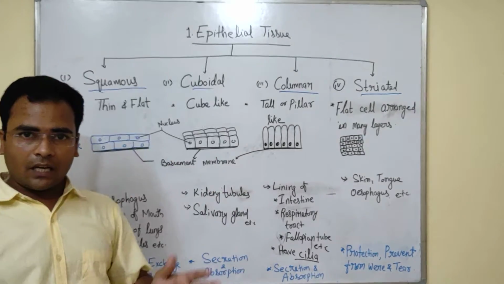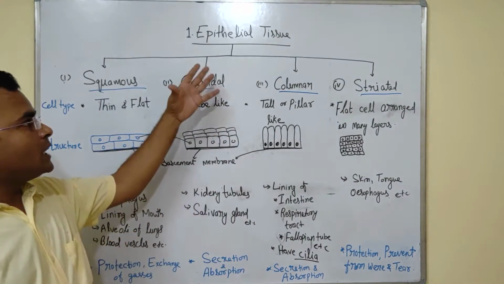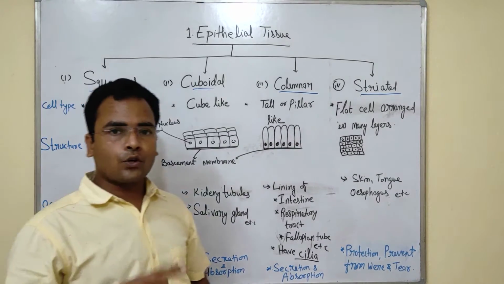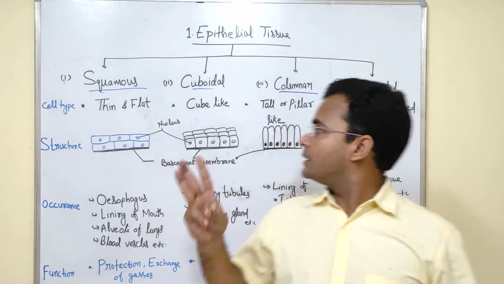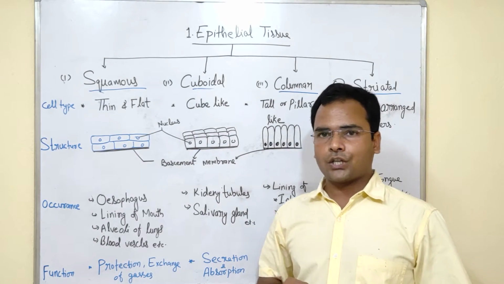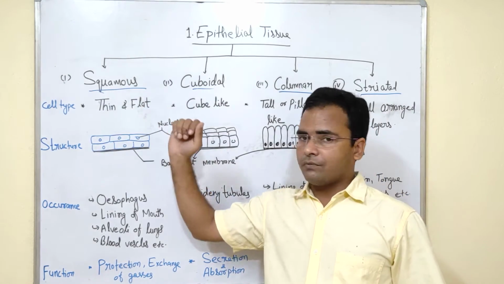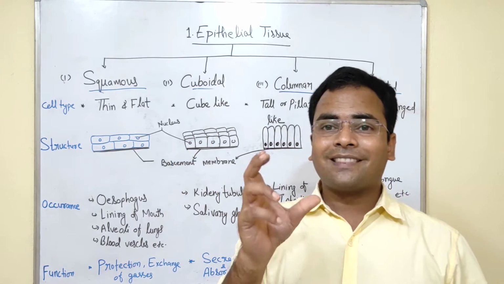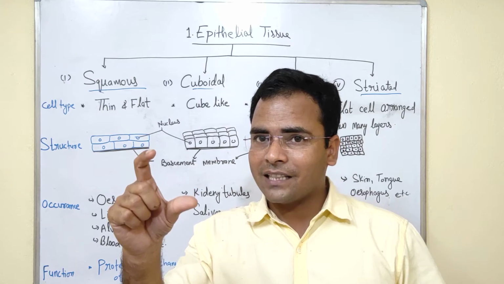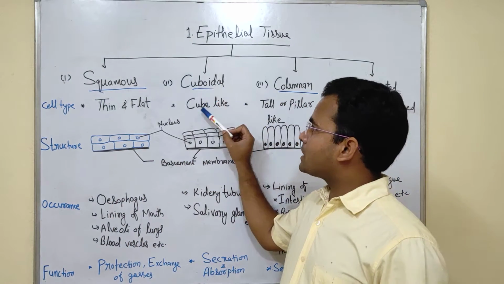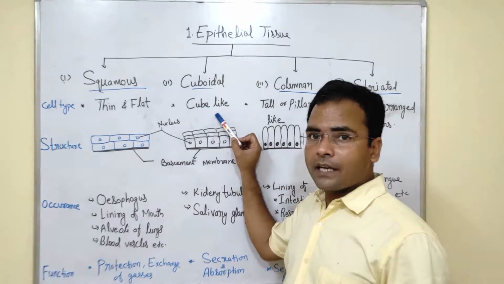Now let's have a quick recap. Epithelial tissues are made up of four types: squamous, cuboidal, the third one columnar, and striated epithelial tissue. The first one, squamous epithelial tissue, is made up of thin and flat cells. The nucleus will be at the center. The cuboidal tissues are made up of cube-like cells.